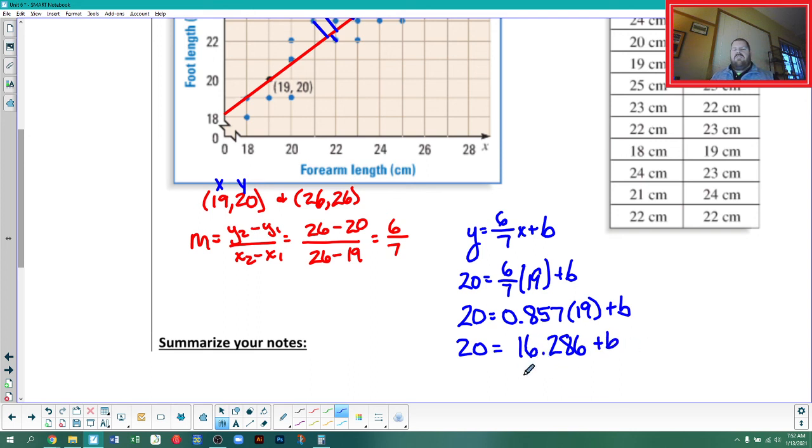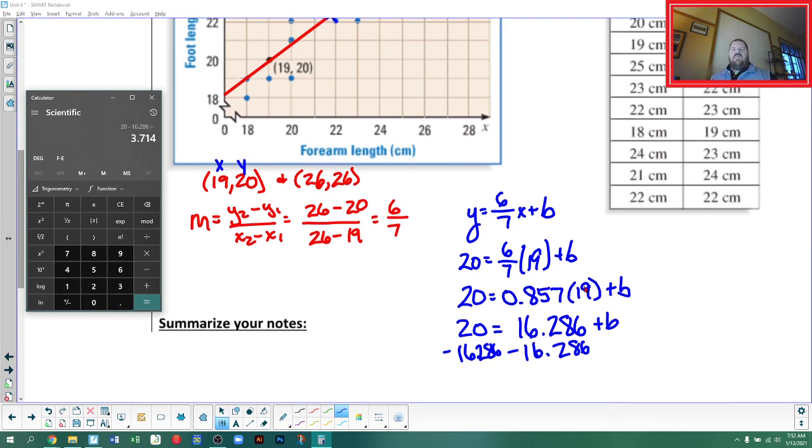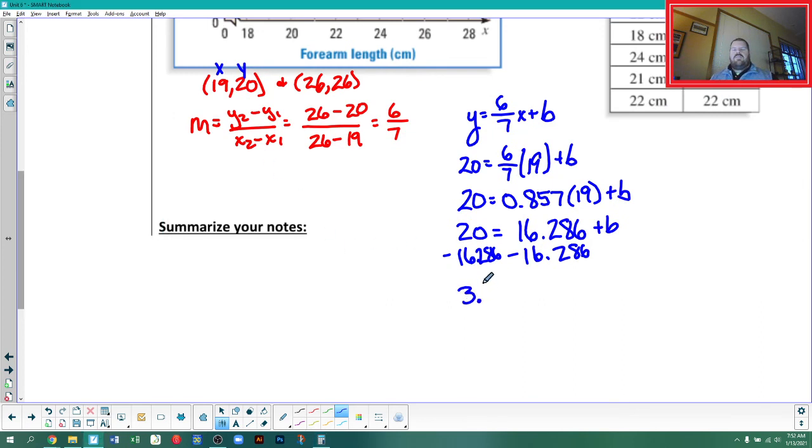And to solve for b, I do want to subtract 16.286 from both sides. And so we have 20 minus 16.286, and we get 3.714. And so that equals my b.